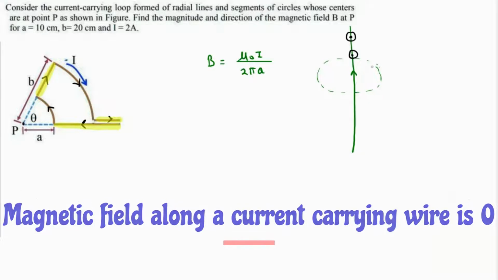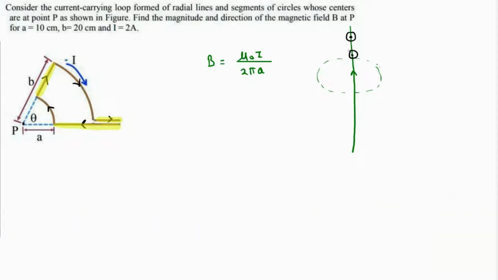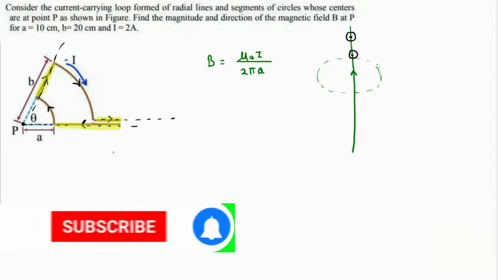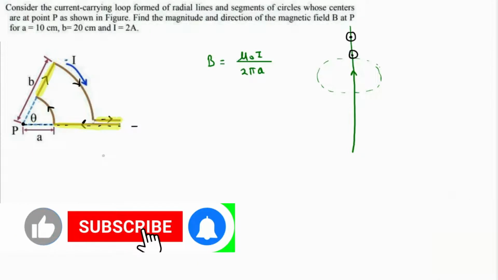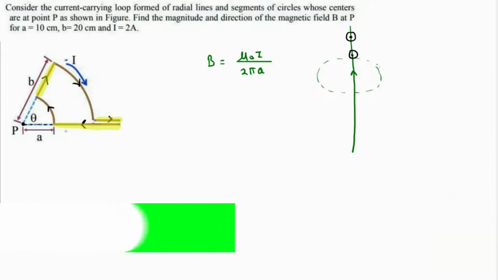So there's basically no magnetic field generated on the same wire. And if we notice carefully, this point is on this wire only. If we extend these three wires, this point lies on that wire when extended. So there is no magnetic field because of the wire. So that's a relief. The only magnetic field will be because of the two circular arcs. The direction will be given by the right hand rule.